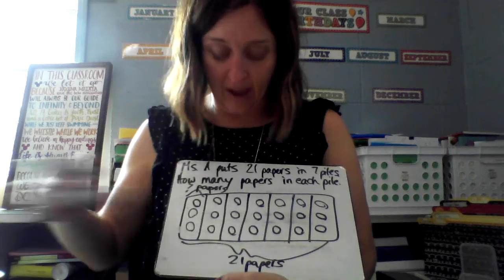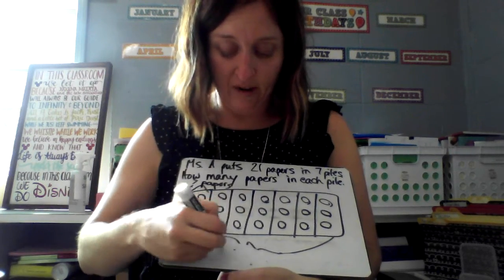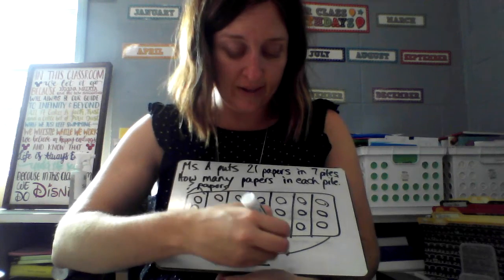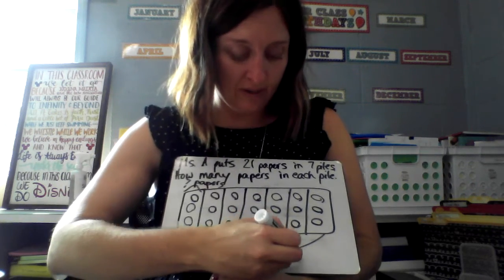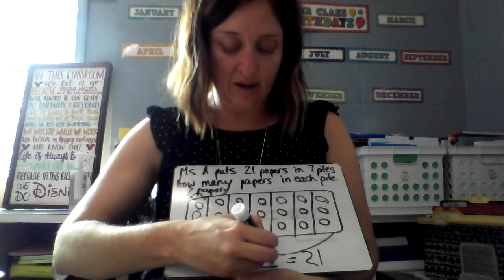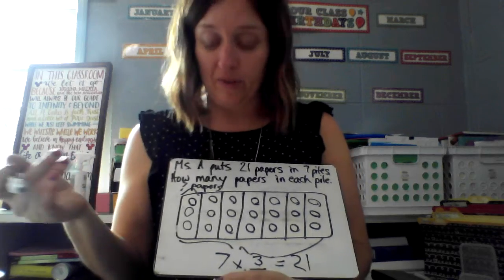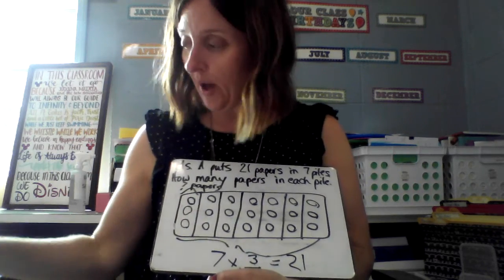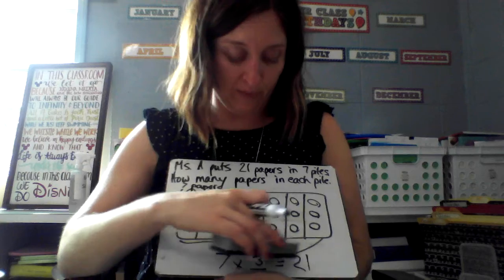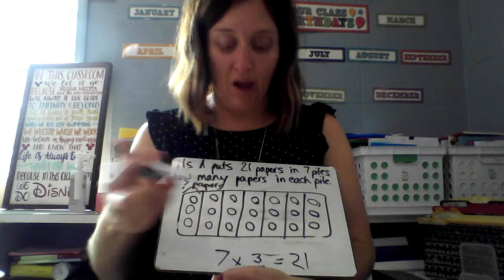So if I look at my 7 groups, and I'm trying to figure out, okay, I take it times what to get to my 21? Now I know I take it times 3 papers in each group. I could write a division problem for this. I could take the same problem and write it as a division problem, because division and multiplication are really just opposites.